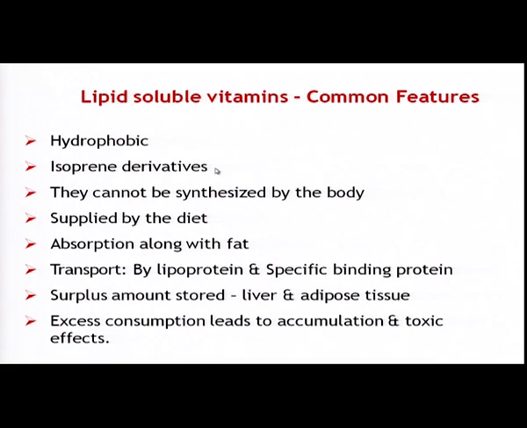You might be interested: what does this isoprene unit have to do with fat soluble vitamins? See, these isoprene units are a residual side chain you find in long chain fatty acids. Most of the long chain fatty acids, if they are saturated, may have isoprene kind of side structure within them.